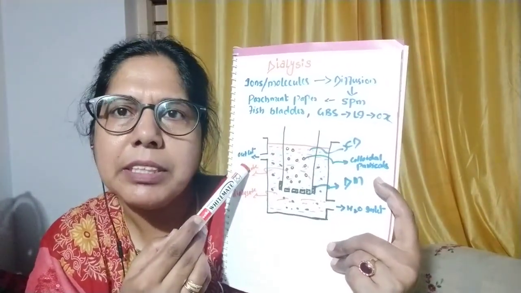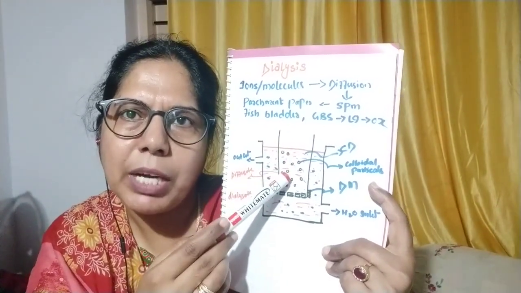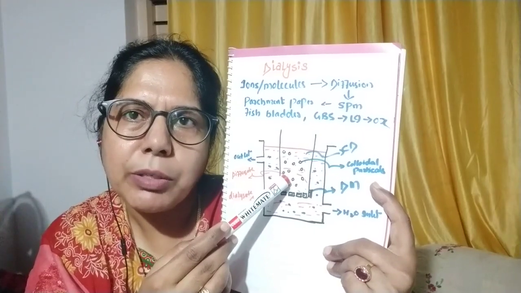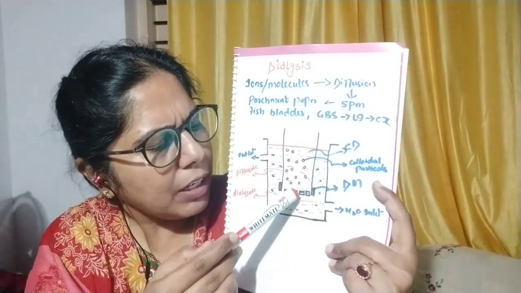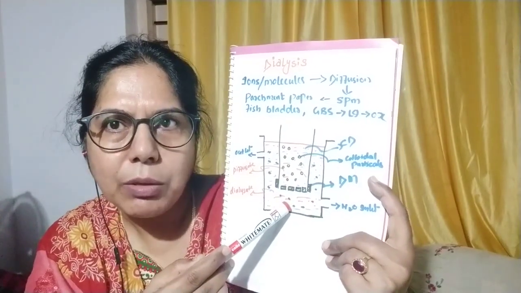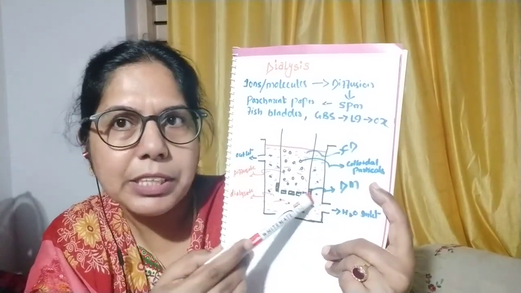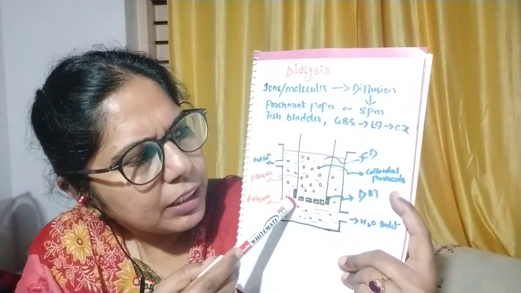So once we have poured the colloidal dispersion, the ions or the molecules which are present in the colloidal dispersion will come out into the water, and will continuously flow out as this assembly is continuously supplied with water.